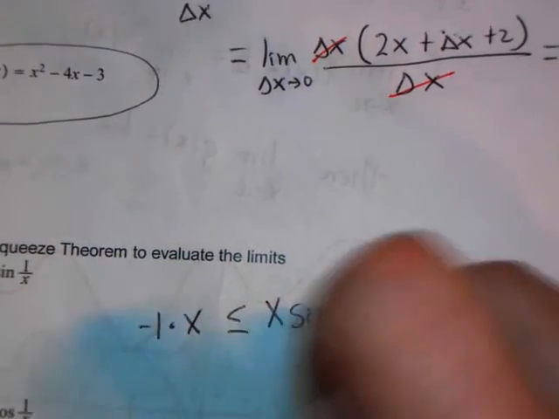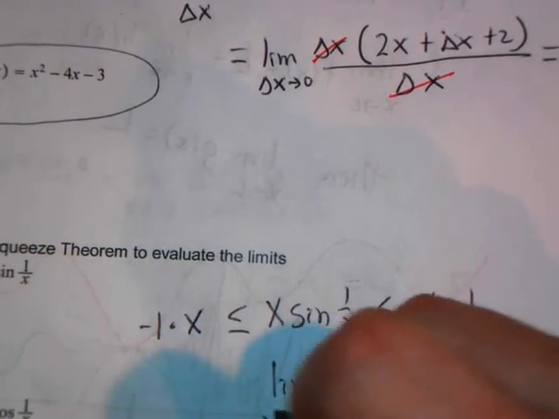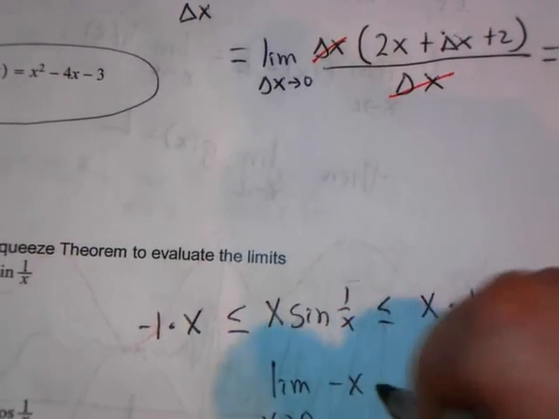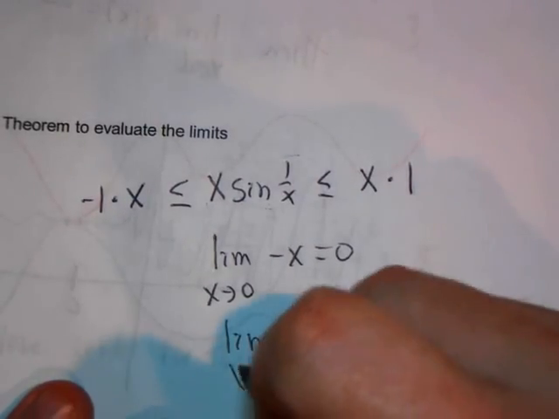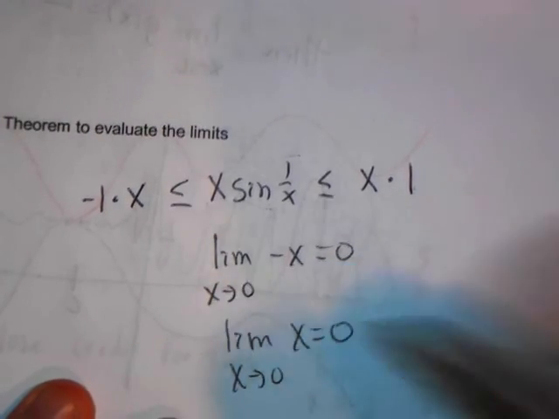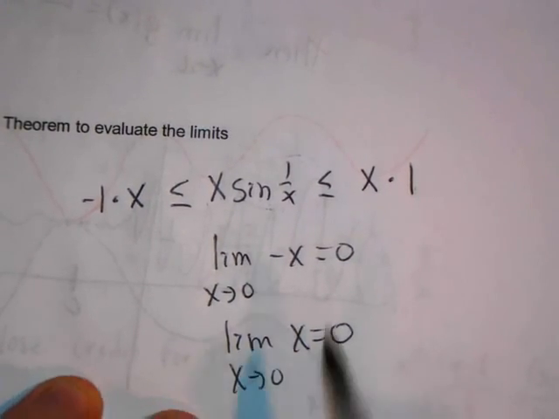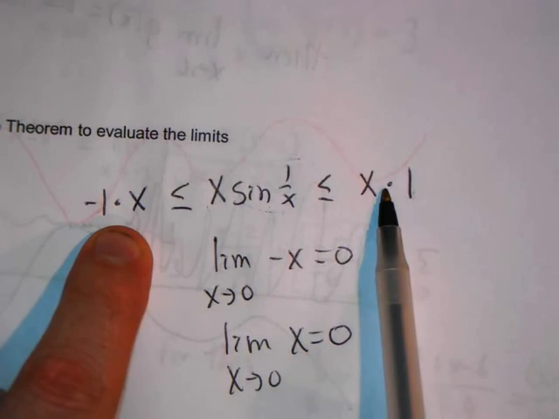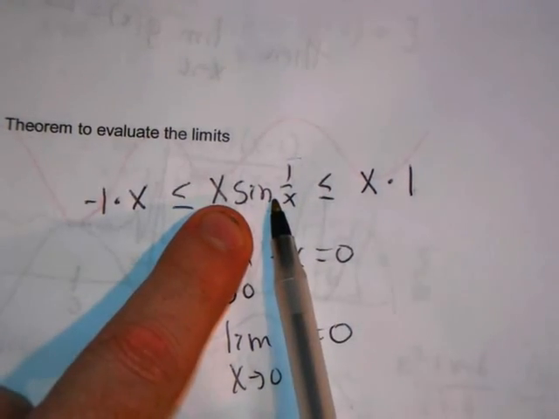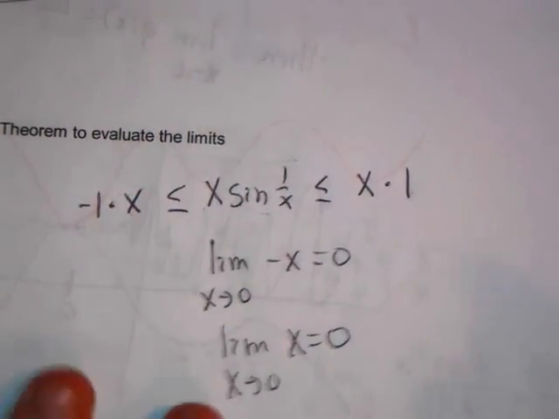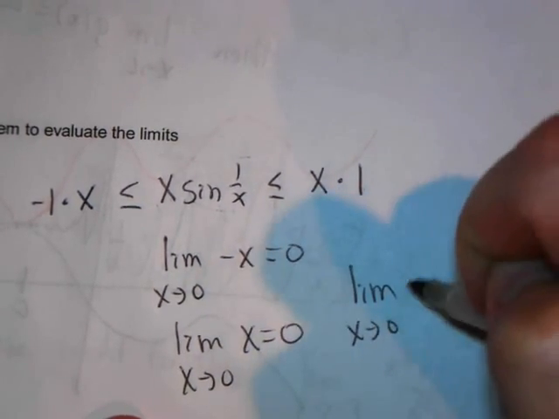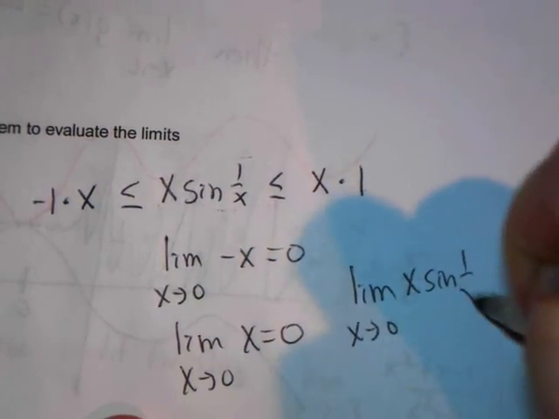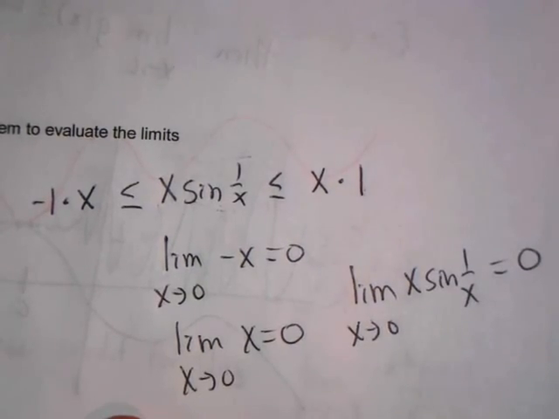And now look what happens. The limit as x approaches 0 of negative x equals 0. The limit as x approaches 0 of positive x equals 0. These are both 0. Since this thing is squeezed in the middle, that one has to be 0 too. So the limit as x goes to 0 of x sine 1 over x has to be 0.